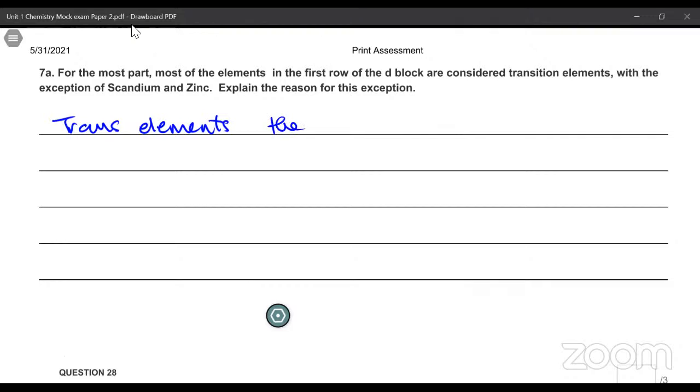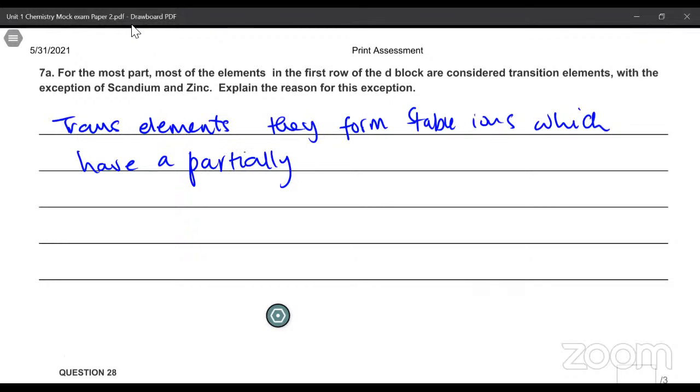They are elements that form stable ions which have a partially filled d orbital. Yes. Need to find my paper.